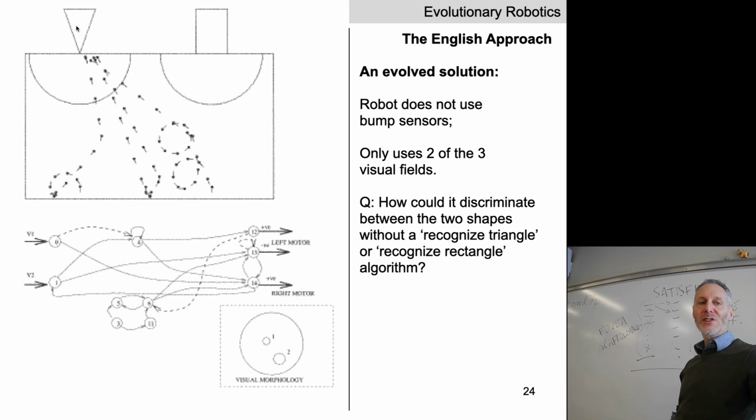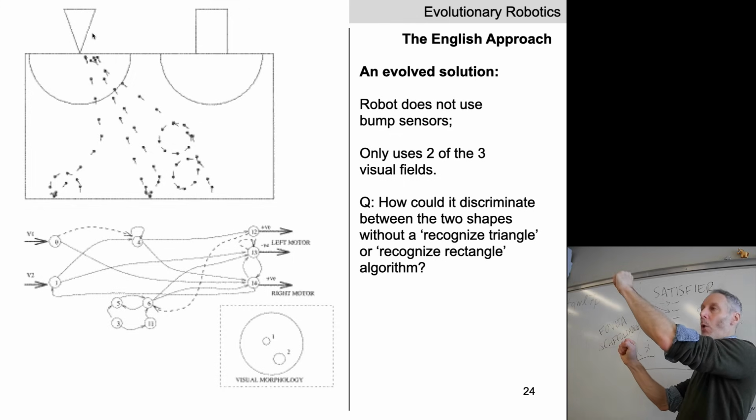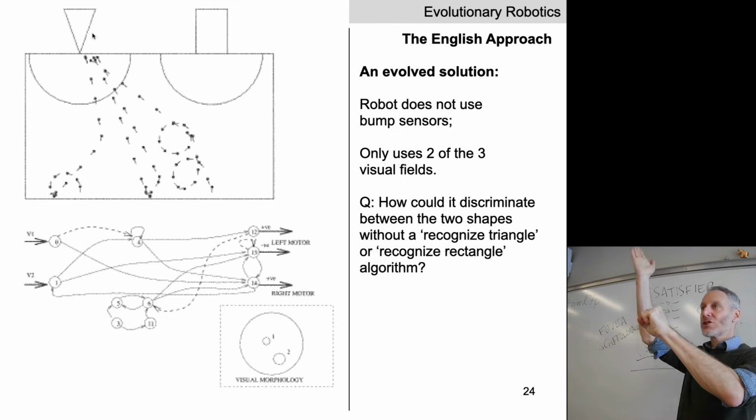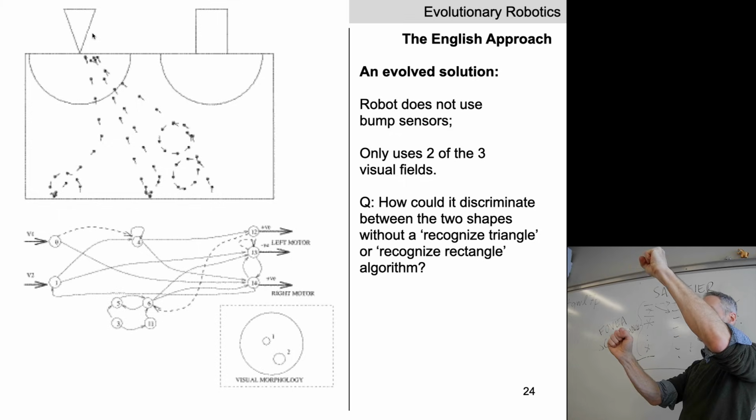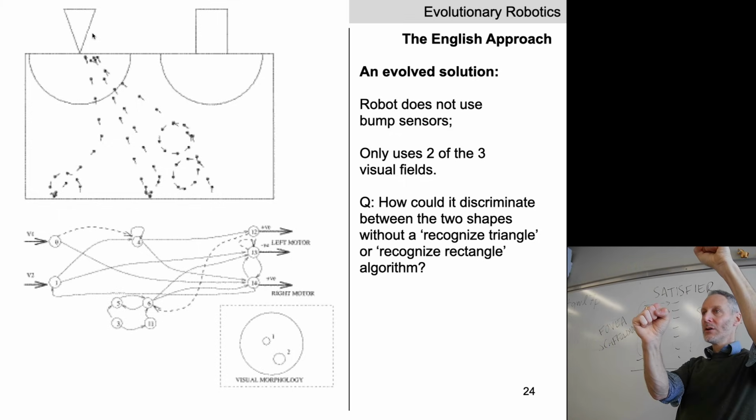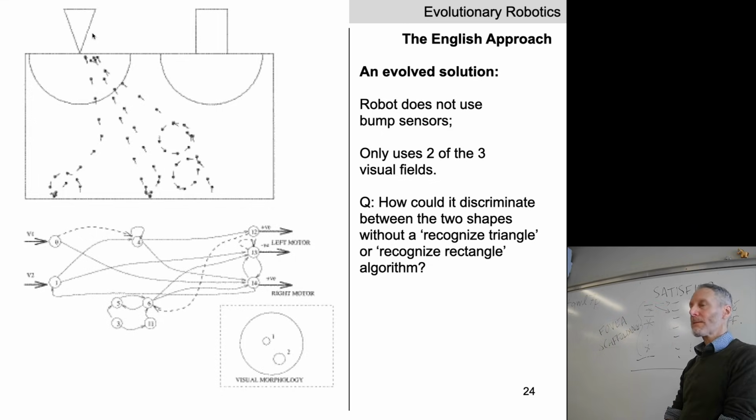Alternatively, if the robot moves left and fovea 1 hits the right edge of the triangle, fovea 1 goes dark, and then fovea 2 also goes dark. This robot is demonstrating that it knows the difference between the rectangle and the triangle. How? How does it know the difference?